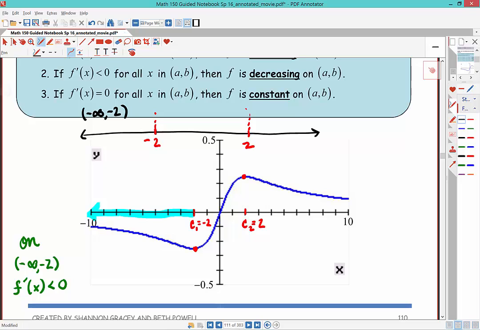What would the next interval be? Good. -2 to 2, and then 2 to infinity.